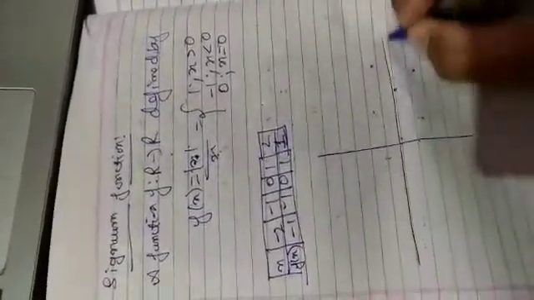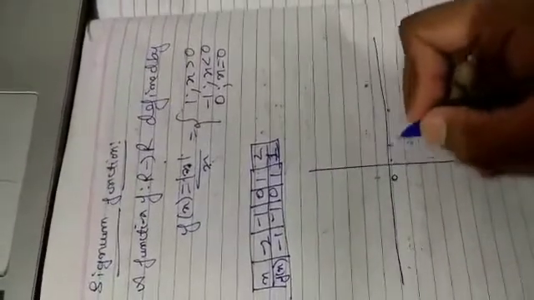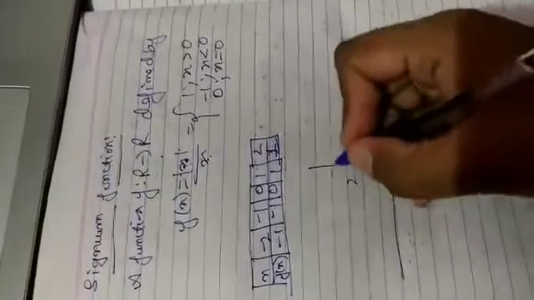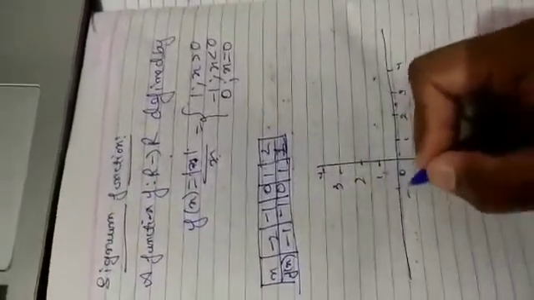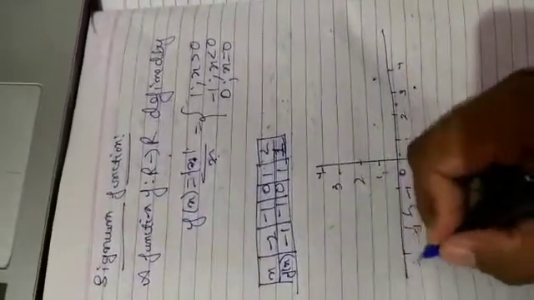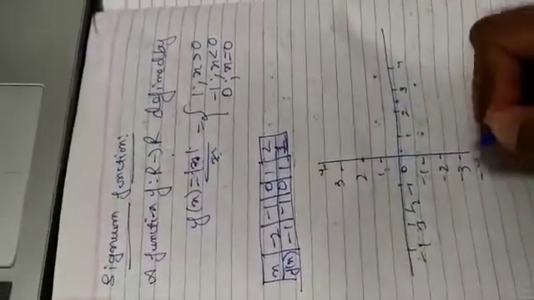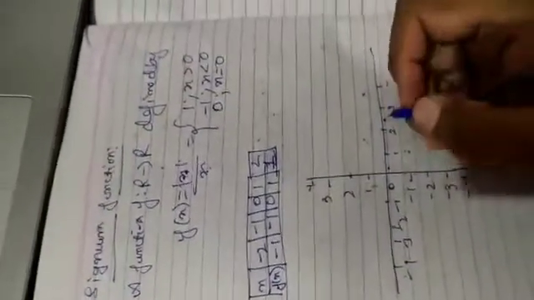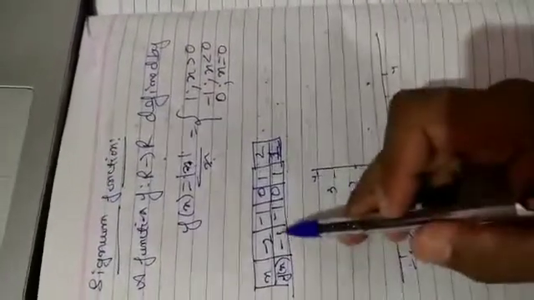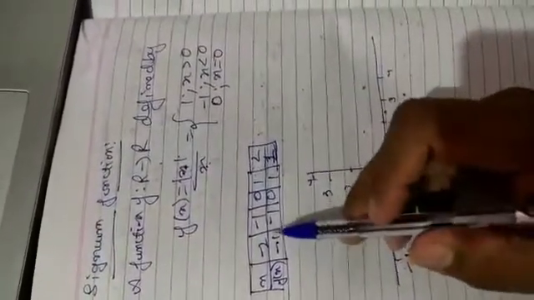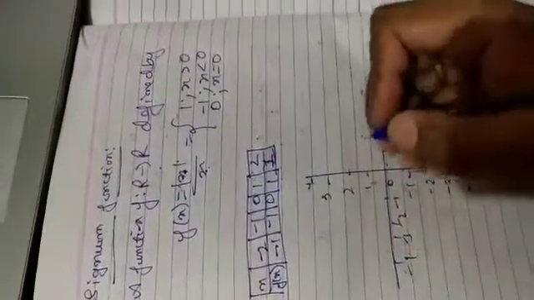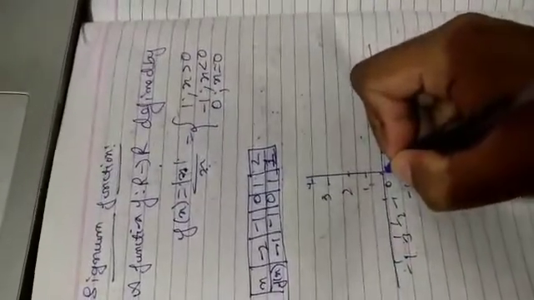See the graph. Again this will be 0, 1, 2, 3, 4 here, and here 1, 2, 3, 4. Here -1, -2, -3, -4, and here -1, -2, -3, -4. Now we have to check these values. For 0 we will get 0 only.